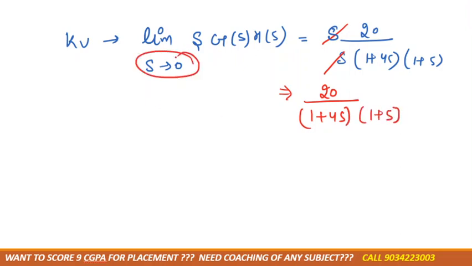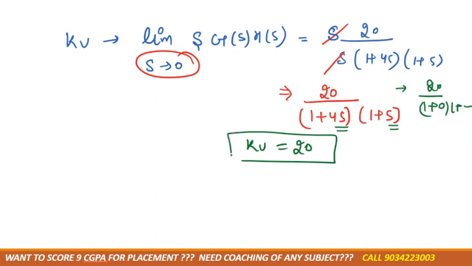Now we need to put s is equal to 0. If I put s equal to 0, that would be the answer, 20 divided by 1 into 1. The final answer we got for Kv is 20. And Ka is 0, right?